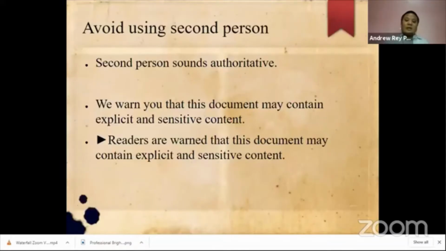Instead, you say, readers are warned that this document may contain explicit and sensitive content. You're not being direct. Okay? You're using third person. I think as Filipinos, we understand the importance of avoiding the second person by being indirect.